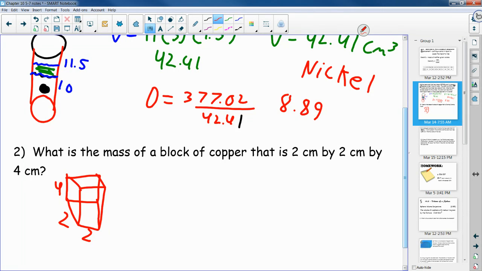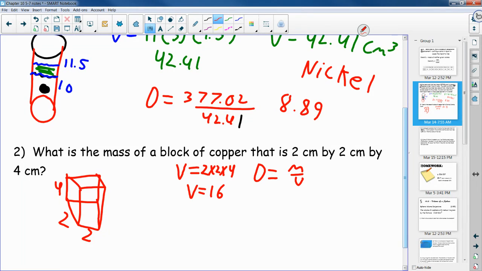Well, we can figure out what the volume is, so that we can use our density equals mass over volume. It's a rectangular prism, so we'll do 2 times 2 times 4. So our volume will equal 16.